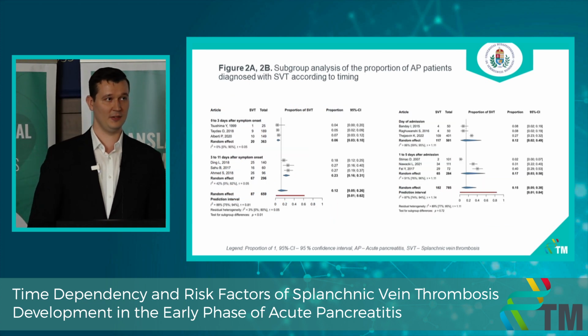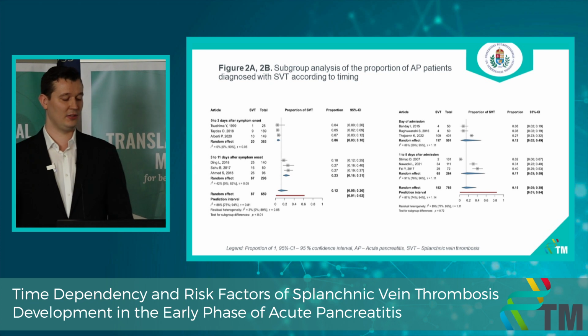On these forest plots, you can see a subgroup analysis by diagnosis timing. And the interesting thing is that in the 0 to 3 days group, since symptom onset, the prevalence is quite low at 6%, and at 3 to 11 days, this rises to 23%.